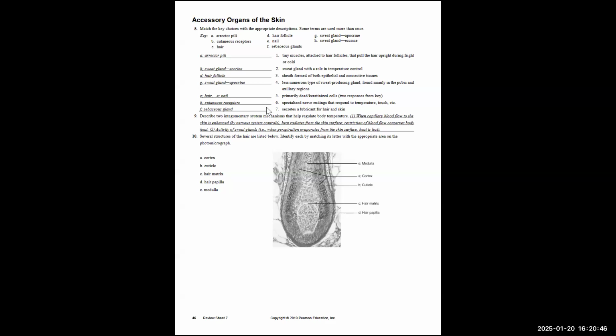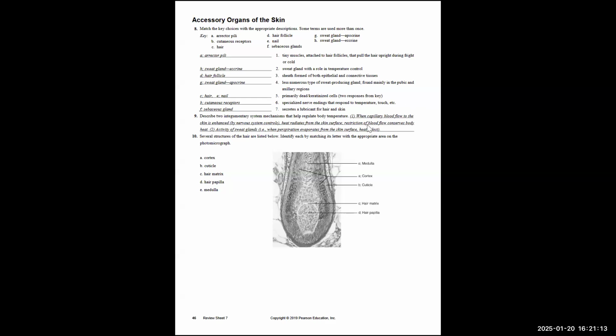Number 9, describe 2 integumentary system mechanisms that help regulate body temperature. In capillary, our blood flow to the skin is enhanced by nervous system controls. Heat radiates from the skin. So when we get kind of flushed or red in the face, our blood is towards the surface, and the sweat on our skin can cool more blood because there's more blood at the surface.